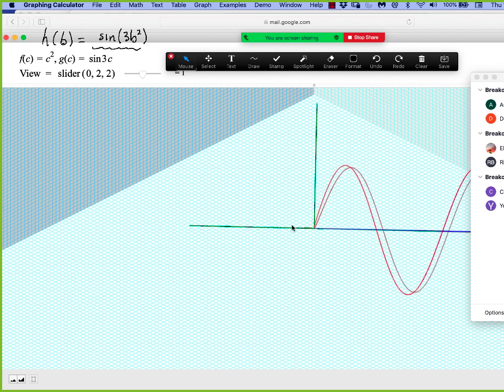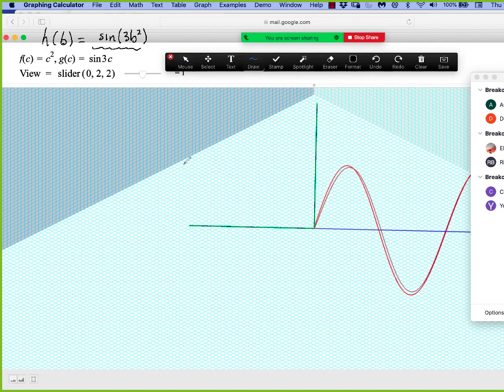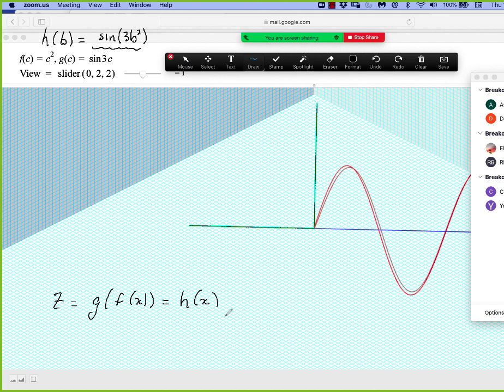So what's the concept here? What was this conversation all about? Sounds like function composition.